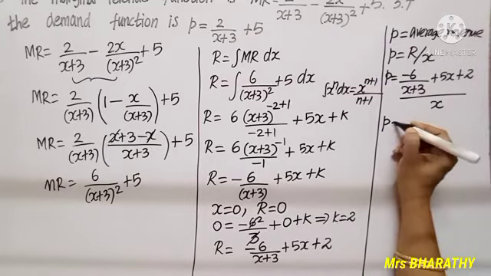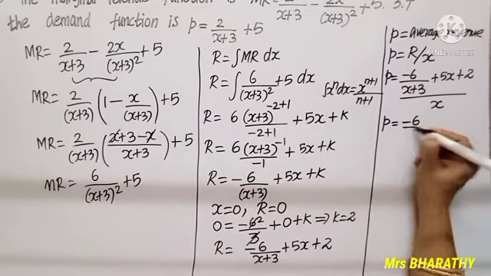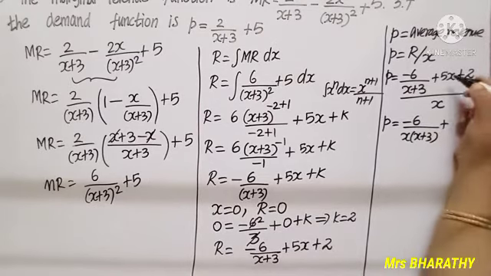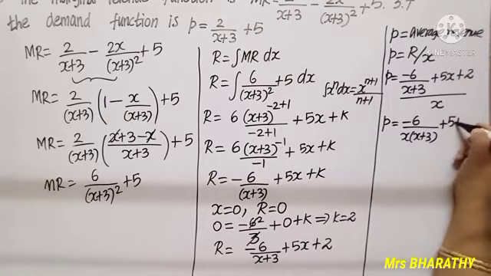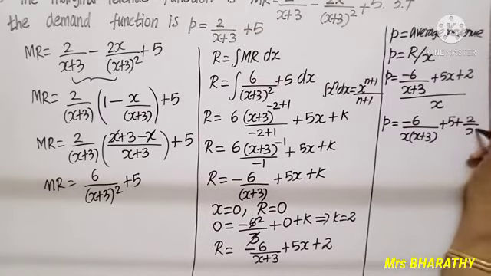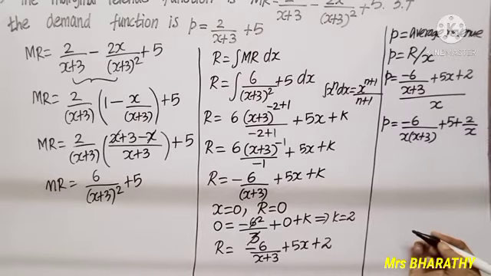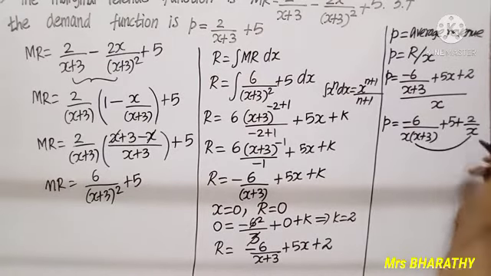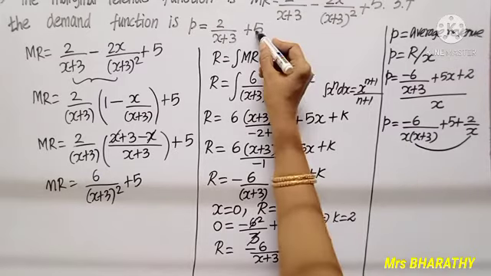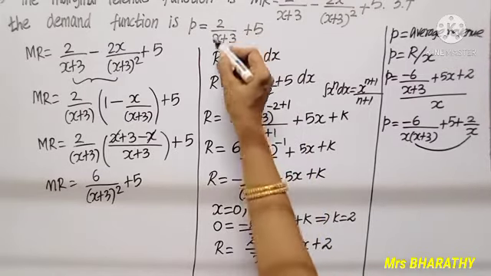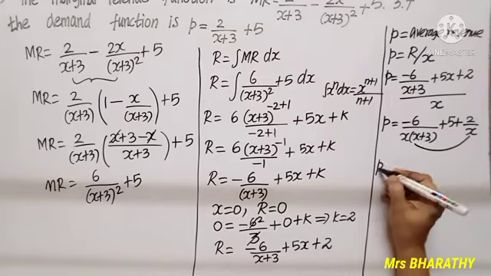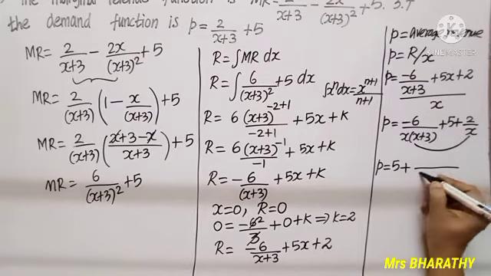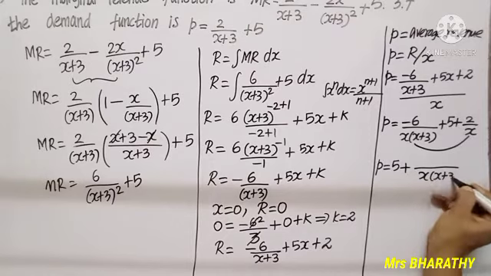Or we get minus 6 by x into (x plus 3) plus 5x by x is 5, plus 2 by x. As I take the LCM for these two, since I want only 5 here, 2 by x, I get 5 plus, x into (x plus 3).